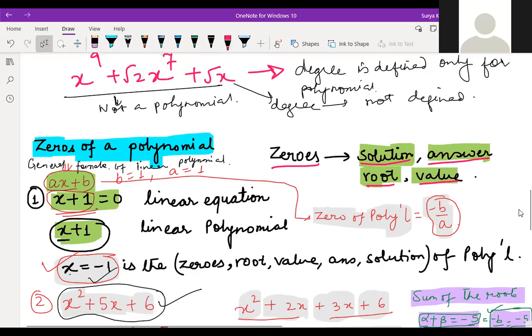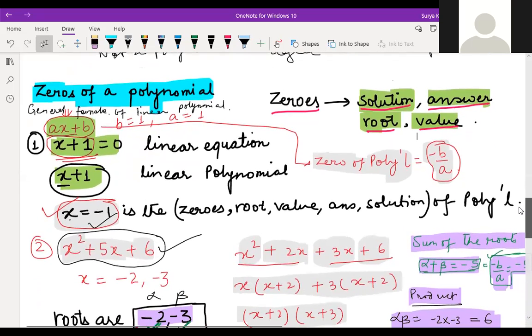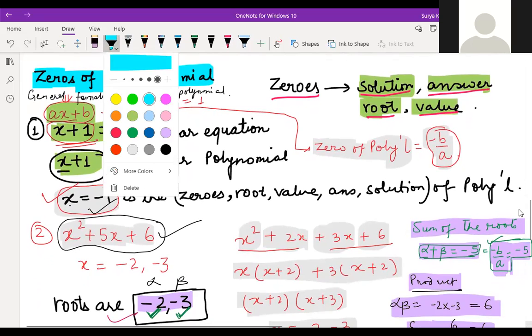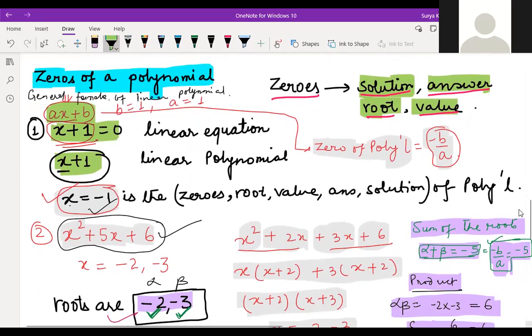So first we are talking about the linear polynomial. Okay, children. Linear means having maximum power 1. So the general form of a linear polynomial, you should write in ax plus b form, right children? Ax plus b form.